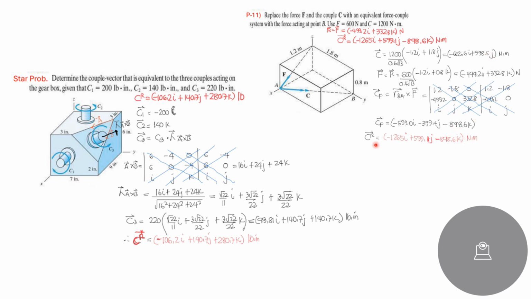So the answer: R is equal to F, this one, negative 499.2i plus 332.8k. And the resultant couple is negative 1265i plus 599.1j minus 898.6k.